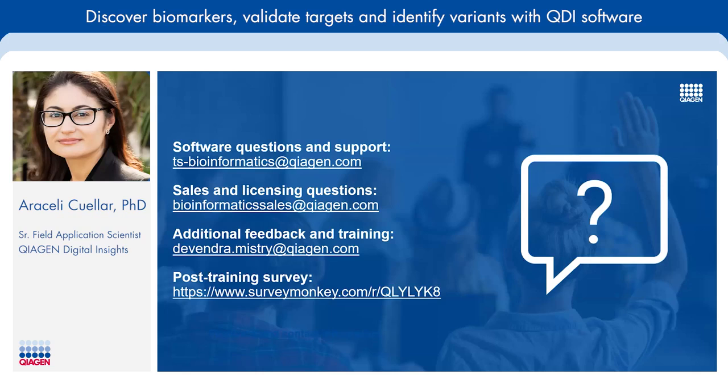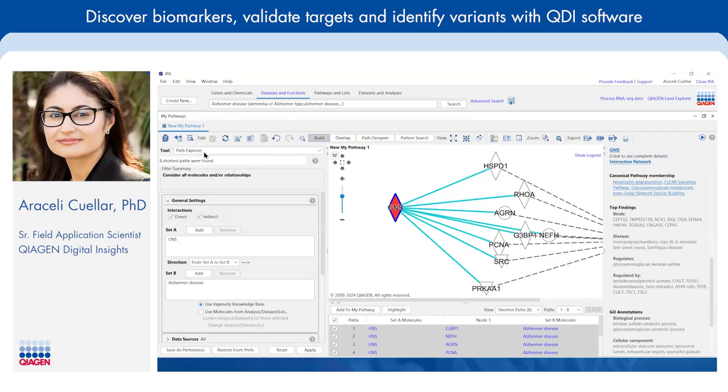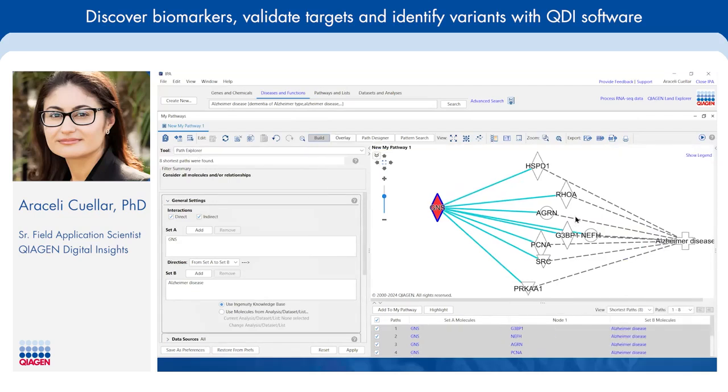If users are only interested in a single gene, can they still build a network in IPA? Yes. Today we used the Path Explorer option under the build menu, because we had some nodes that we wanted to connect. But if you are starting out with a single gene, you can grow your network.